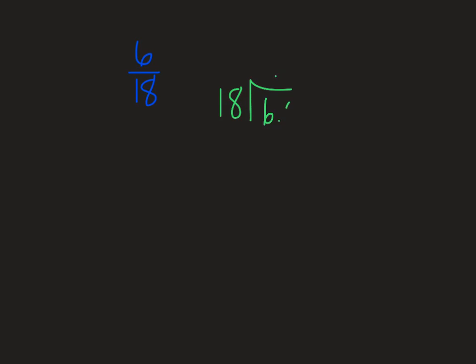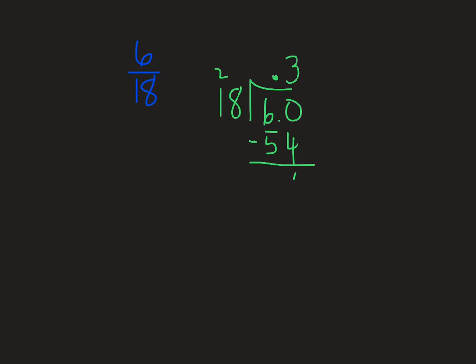So we're going to add a decimal, then we're going to add a 0. Remember when you add your decimal that you need to raise it to the roof up here, okay? So 18 can go into 60 3 times. 3 times 8 is 24. 3 times 1 is 3, 4, 5. So that's 54. 3 times 18 is 54.